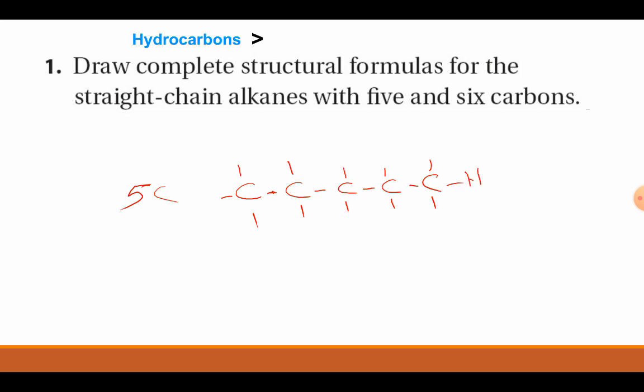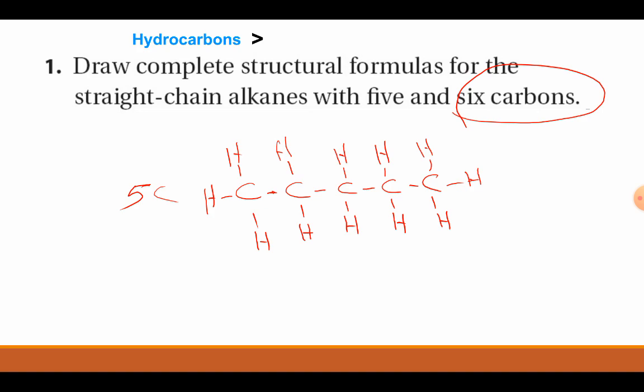Just complete it with H, H, H. Very good. Very simple. It's pentane, because as we said a few minutes ago, butane has a 4 carbon chain, and this is a straight chain with 5 carbon atoms. Okay, it's pentane. And for 6 carbons we do the same, only adding another carbon atom. It's so easy.